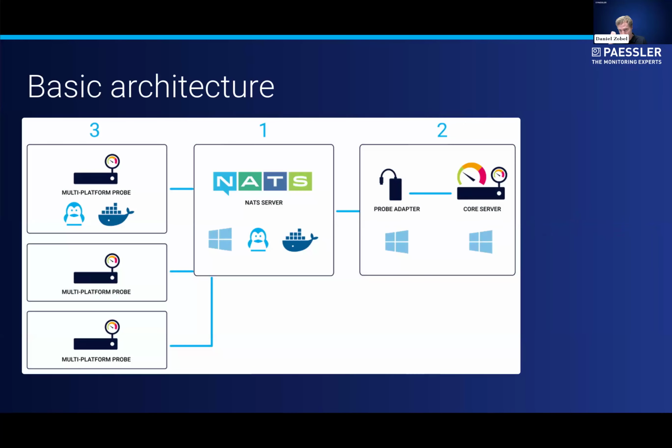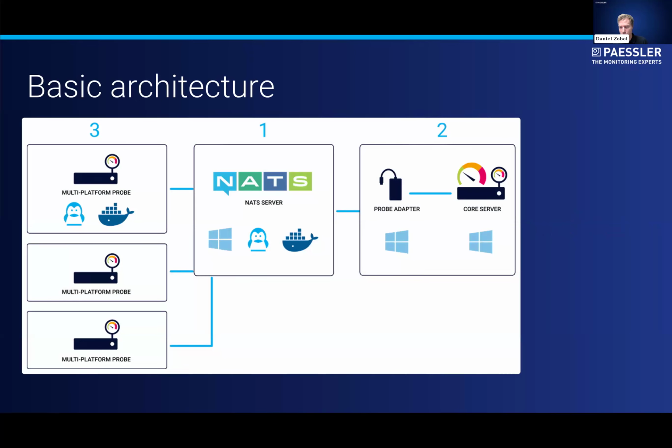So we've seen that basic architecture overview from Susanna before. Just a quick reminder, the setup always consists of the PRTG server. The probe adapter is automatically installed together with the PRTG server. You have on the very left side the multi-platform probe in one of the flavors in which it is available.